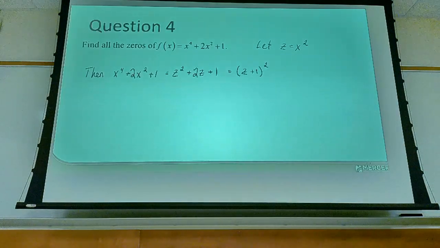Z is negative 1, right? But what was z? X squared. So what's x? Plus or minus i.